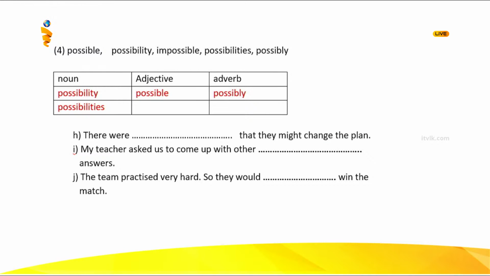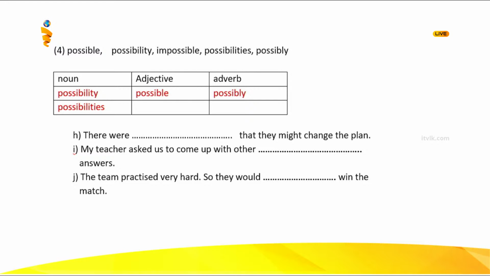Possible, possibility, impossible, possibilities and possibly. Possible, it's an adjective, and possibility and possibilities, they are nouns, and possibly it's an adverb. Shall we look at the first question?